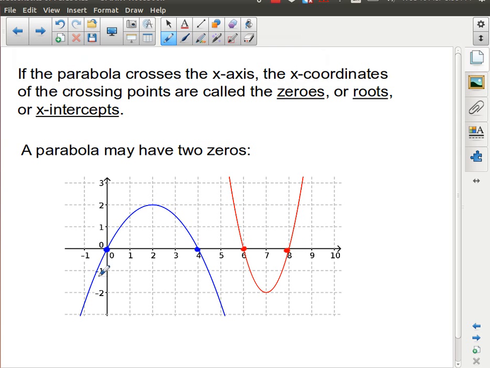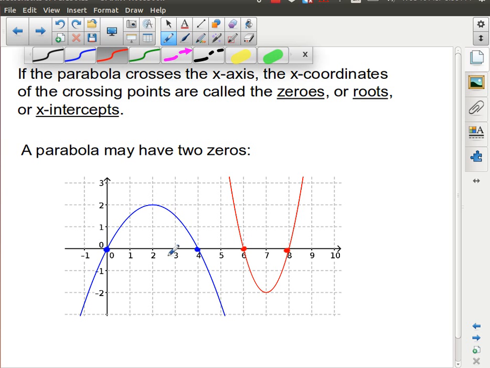But I want you to imagine if we took this blue parabola and somehow we changed the equation in a way that caused the whole thing to shift down, down, down. Well, eventually these 2 zeros would get closer together. Eventually this line would shift down, and eventually this line would shift down, and eventually we get to the point where the vertex itself would be touching the x-axis.